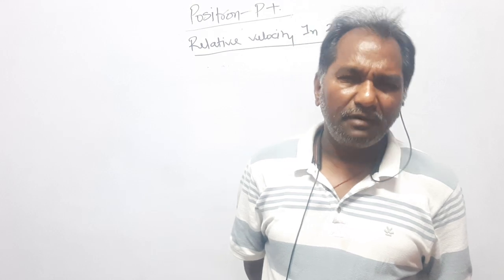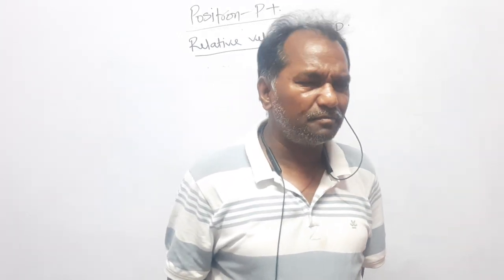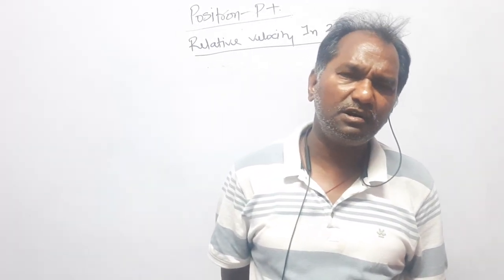Dear student, in physics there are many quantities which are not actually absolute quantities. An absolute quantity is a quantity which can be defined independently. Motion is not an absolute quantity. It cannot be defined independently. Motion should be defined with respect to a plane, person or object, and that plane, person or object with respect to which all the motion in the world is calculated is called the frame of reference.